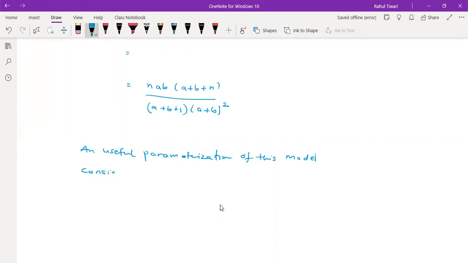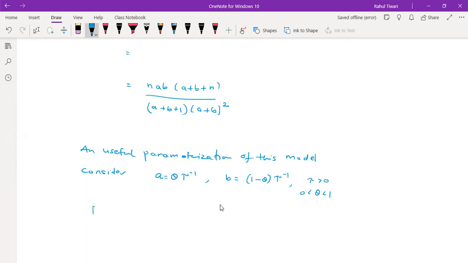Consider a equal to theta tau inverse, that means theta upon tau, and b is nothing but 1 minus theta upon tau inverse. Here it is obvious that tau is positive and theta lies between 0 and 1.